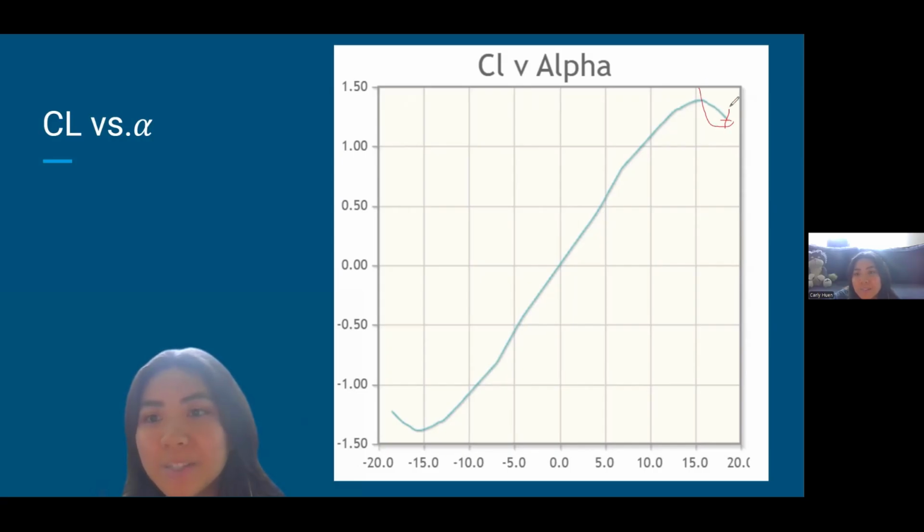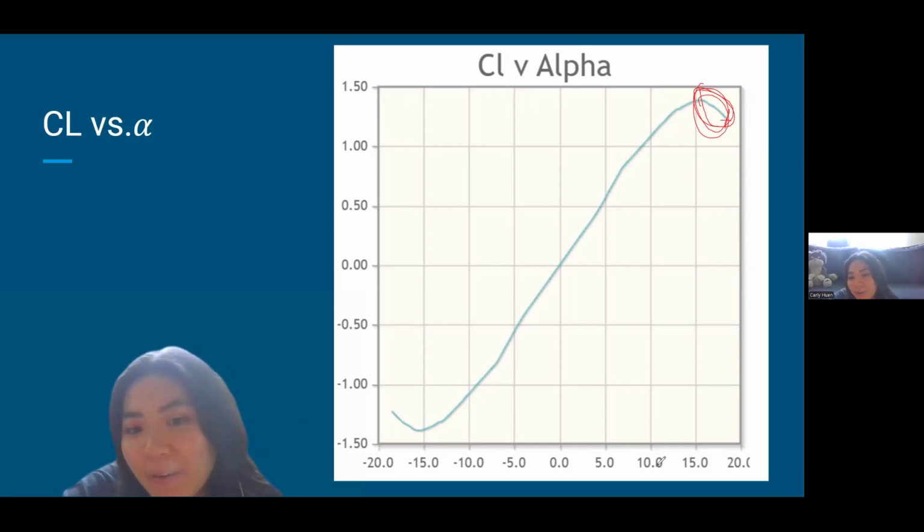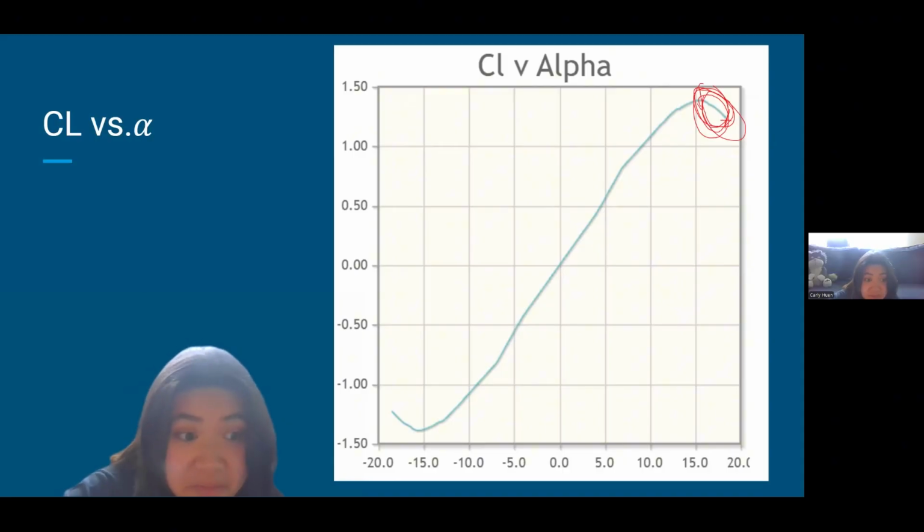This basically means you lose control, and you die. So you don't want to go to an angle of attack from 15 to 20 and forward. That means you die.